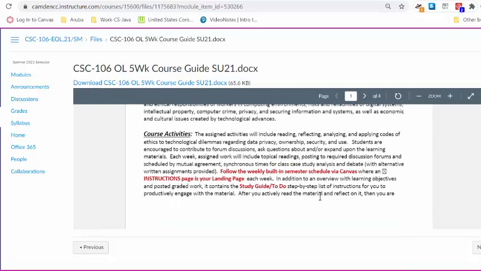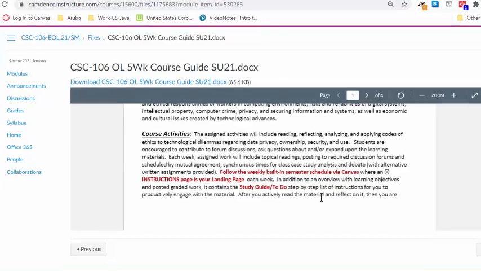Course activities include reading, reflecting, and analyzing the codes of ethics presented by the ACM, and situations we now find ourselves in in the information age regarding privacy, ownership of data, security, and use, because the laws have not kept pace with technology, and we will discuss some of those issues as well.